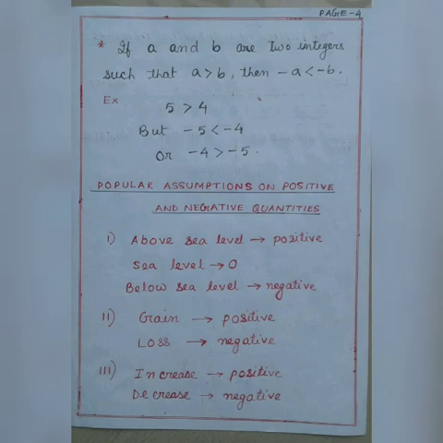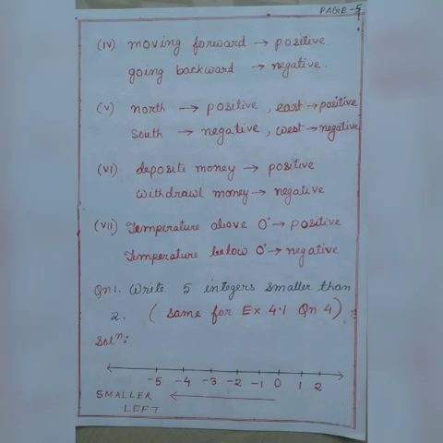Number 3, increase in anything, that is increase in numbers or increase in height, increase in anything is positive, and decrease in anything is assumed negative. Number 4, moving forward is positive and going backward is negative. Number 5, if north is positive, then south will be negative.